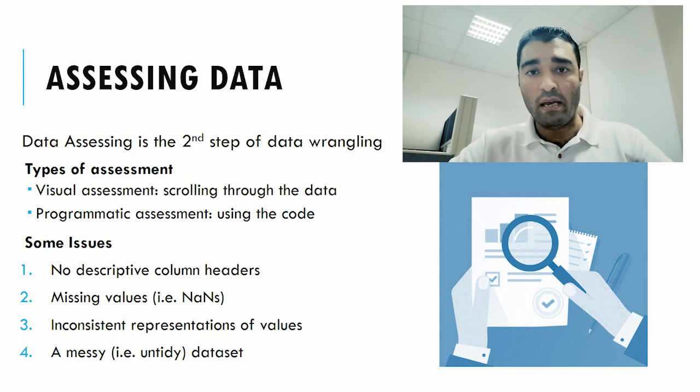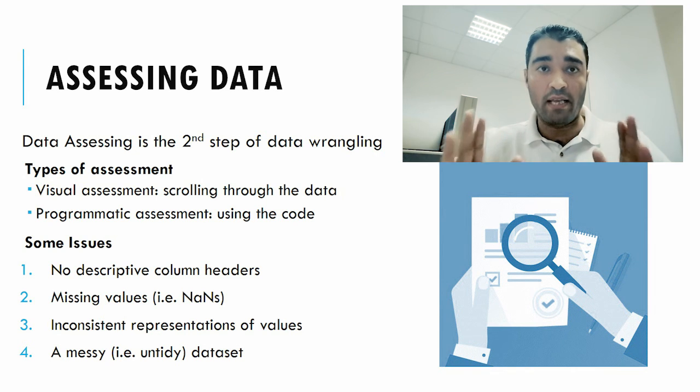For example, if we have a data set, you might find that some columns don't have a description or descriptive names, and some columns have missing values. Maybe we have inconsistent representation of values. So we have many issues we can discover after explaining these steps.